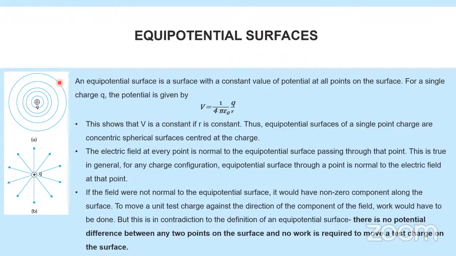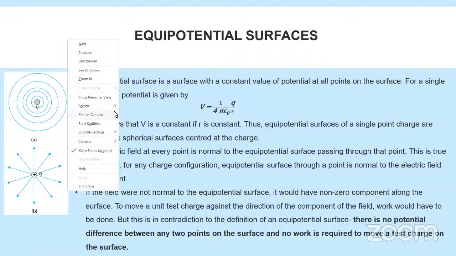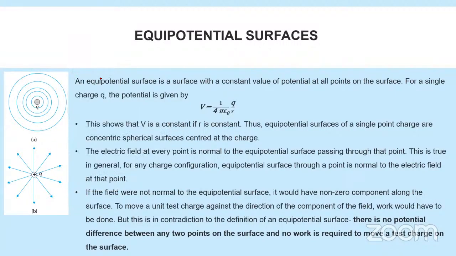So if the field is not normal, there will be a difference between the potential of, say, one point here and the other point here.